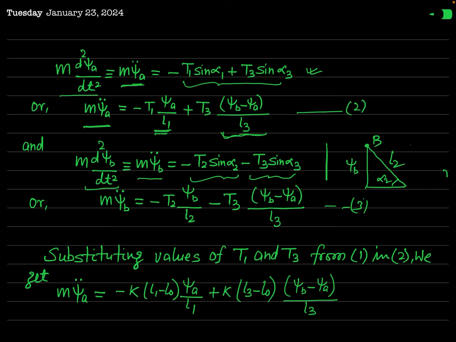So from this figure you can see what sine alpha 2 will be. This will be psi B divided by L2. And sine alpha 3 I have already obtained here: psi B minus psi A divided by L3. So instead of sine alpha 3 I have written psi B minus psi A divided by L3. So this is the equation of motion of the second mass B.